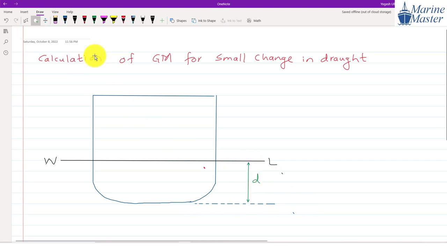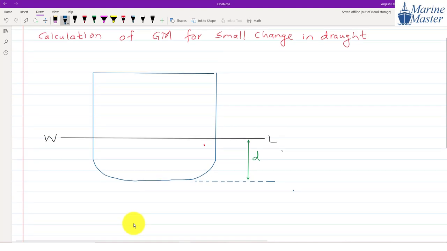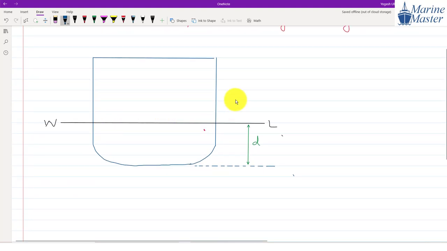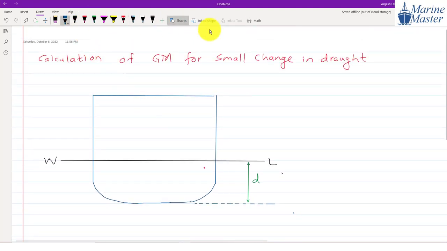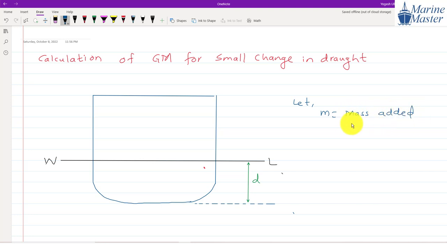Suppose we are adding a mass m. What are we going to do? We are going to add a mass. Let m be the mass added, in tons.